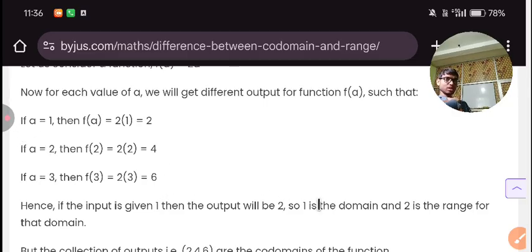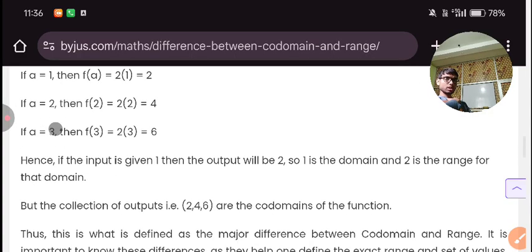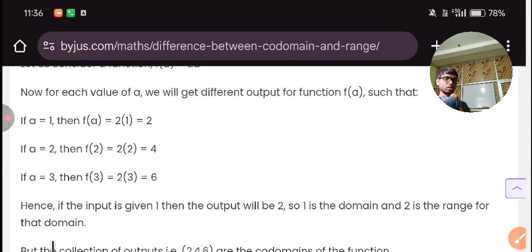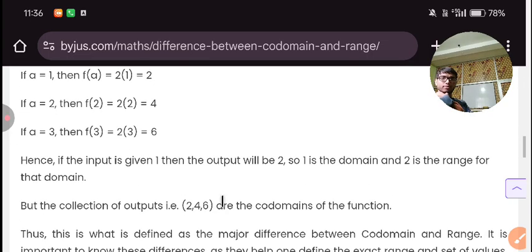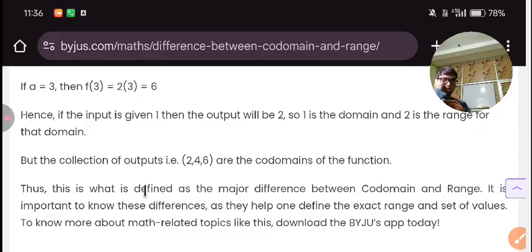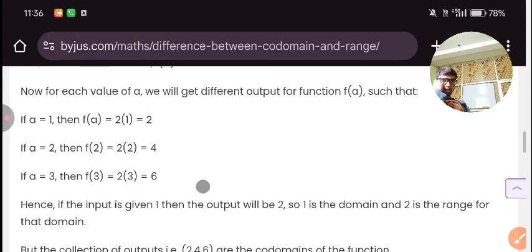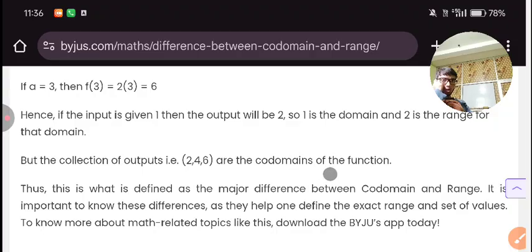Clear? So 1 is the domain, it is not a range, and 2 is the range for that domain. But the collection of outputs 2, 4, 6 is the codomain of the function.